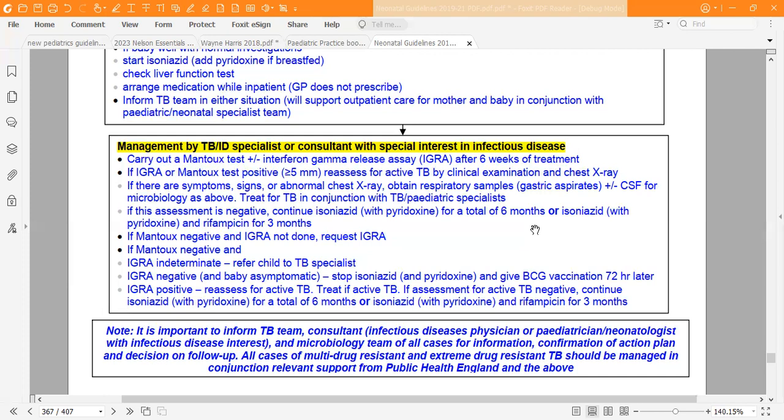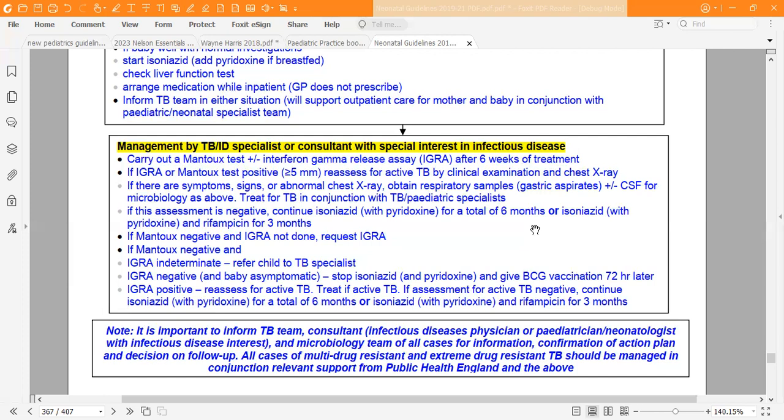So again, the last points: if we have a Mantoux negative and IGRA not done, request IGRA. If Mantoux negative and IGRA indeterminate, refer to TB specialist. If Mantoux negative and IGRA negative, baby asymptomatic, stop isoniazid and pyridoxine and give BCG vaccine 72 hours later.